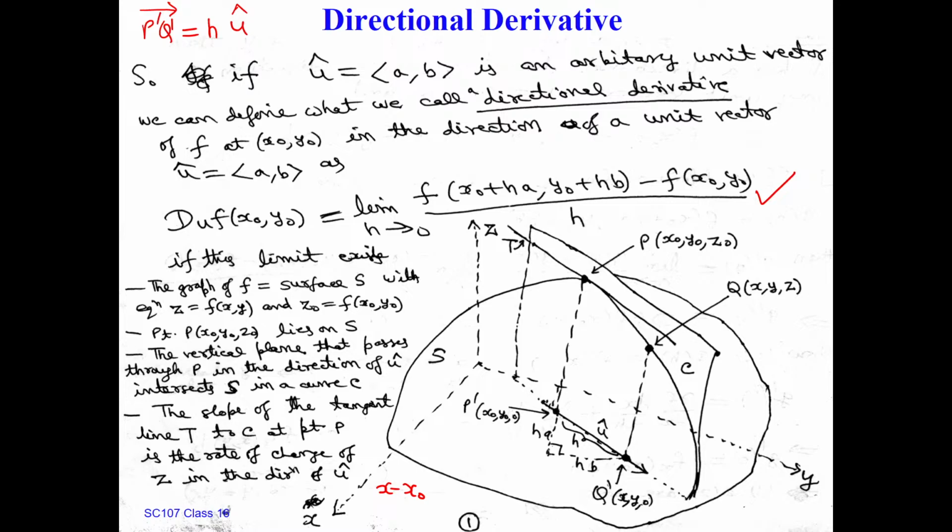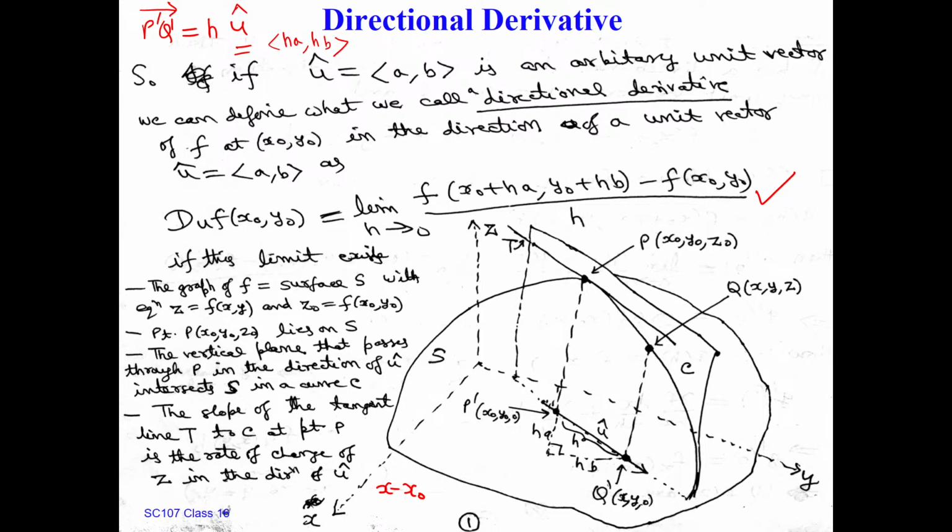So P prime Q prime is some scalar times the unit vector u; only the scale is different. I know u is a unit vector with components a, b, so I can expand it: this will be ha, hb.